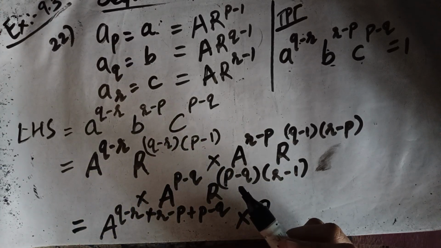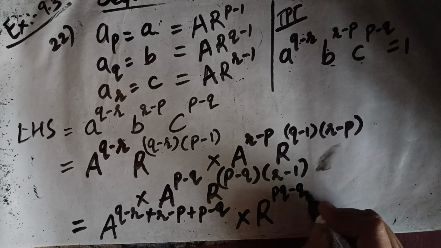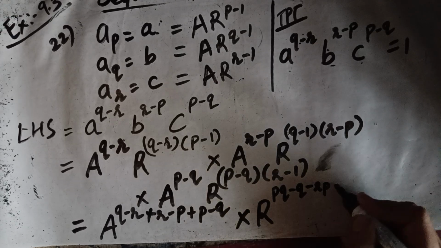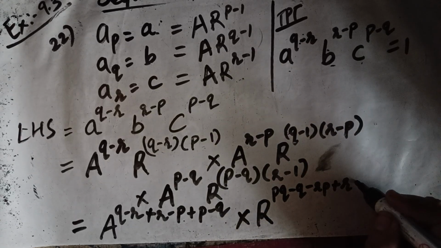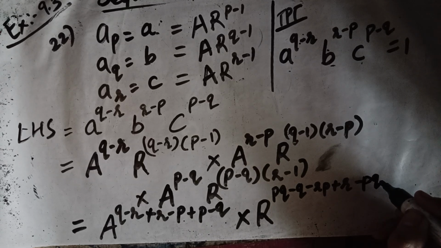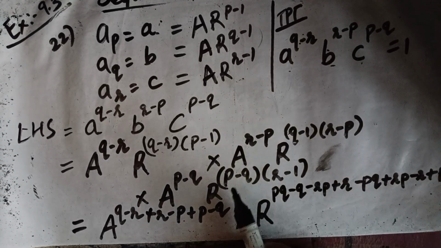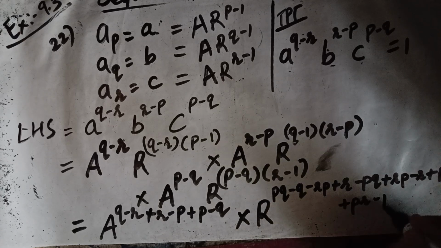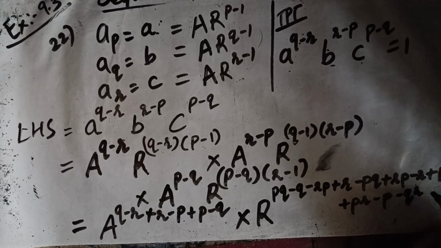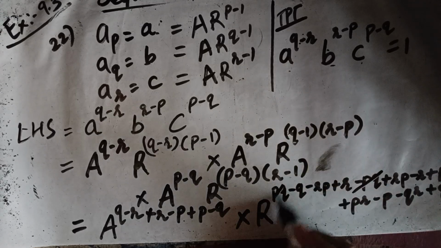So it will be QP minus Q minus RP plus R. Then again this multiplication: minus PQ plus RP minus R plus P. And this multiplying PR minus P minus QR plus Q. Okay, you can cut the similar terms.